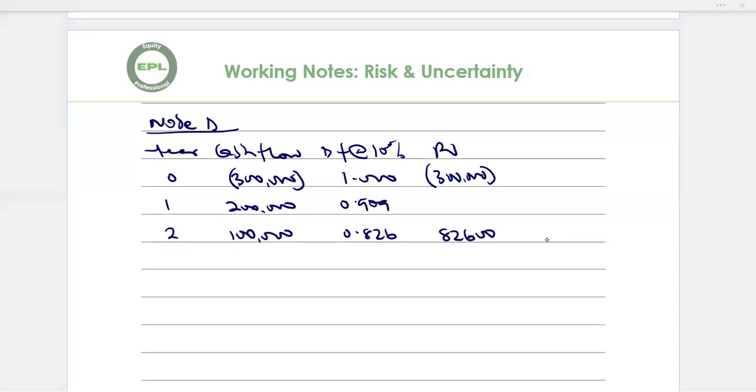Then 200,000 multiplied by 0.909 is 181,800. So 181,800 plus 82,600 minus 300,000 is negative 35,600. That's the NPV of node D.